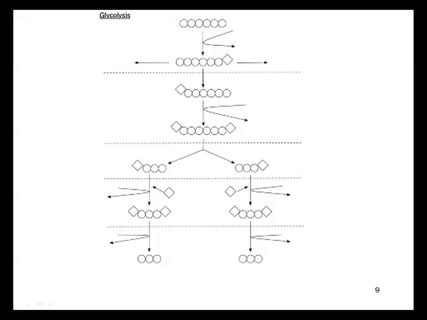So the first thing that happens is we have to use ATP. And we take a phosphate off of an ATP and we add it to that glucose molecule. There's our phosphate. It's been added to the glucose.